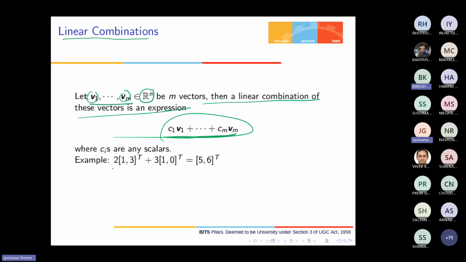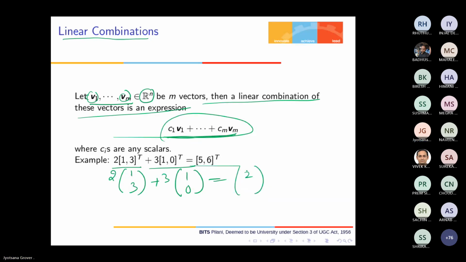Now an example: take 2 times the transpose of 1, 3, plus 3 times the transpose of 1, 0. 2 into 1 is 2, plus 3 into 1 is 3. 2 into 3 is 6, 3 into 0 is 0. So 2 plus 3 is 5 and 6 plus 0 is 6. This is the linear combination of the two vectors 1, 3 and 1, 0. This is transpose, so row becomes column.